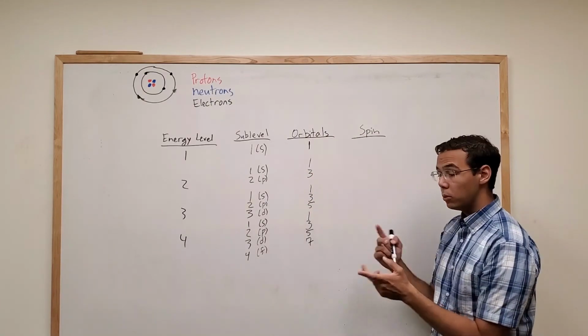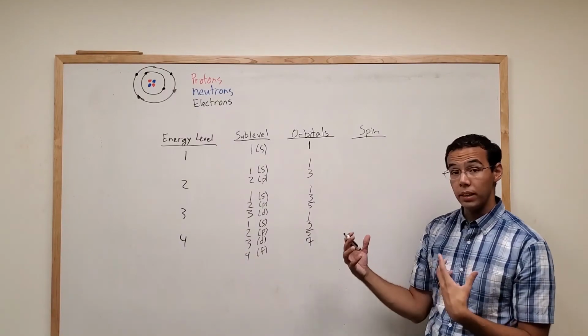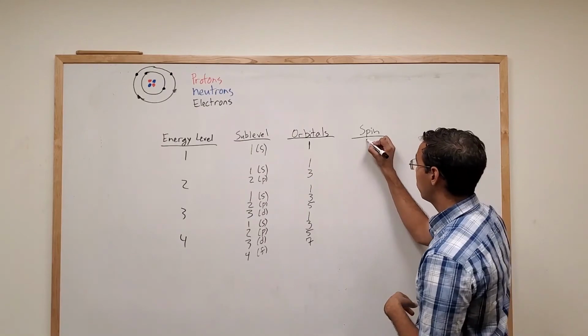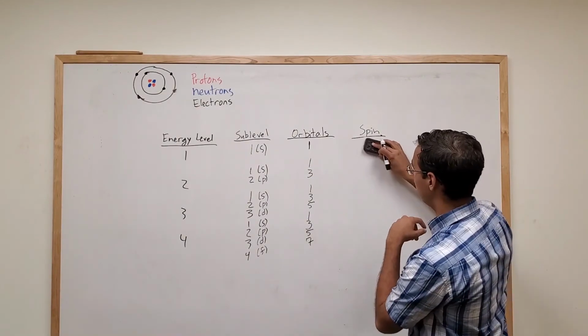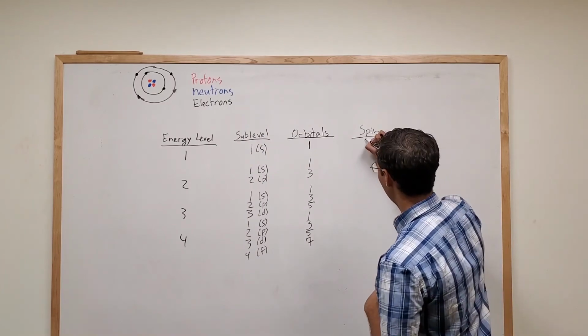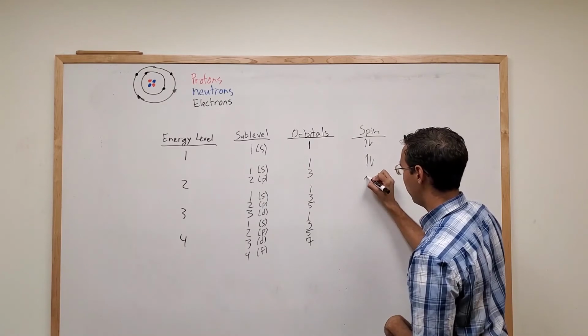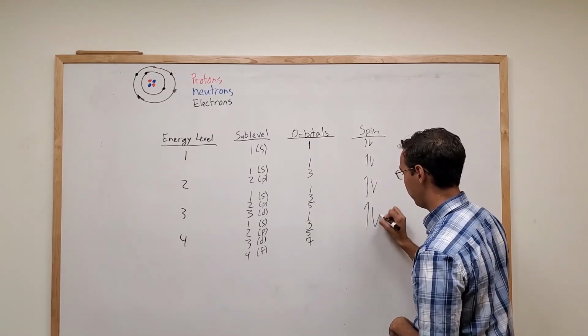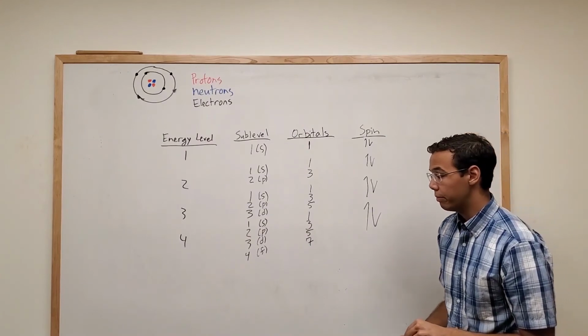And so there's 2 ways you can identify them. You can do clockwise, counterclockwise. I prefer to use up and down, but that's going to be true. And the reason I prefer up and down will kind of become clear in a second. But this is going to be true for all the orbitals. So all of them have the potential to be an up or a down. Okay. Good.